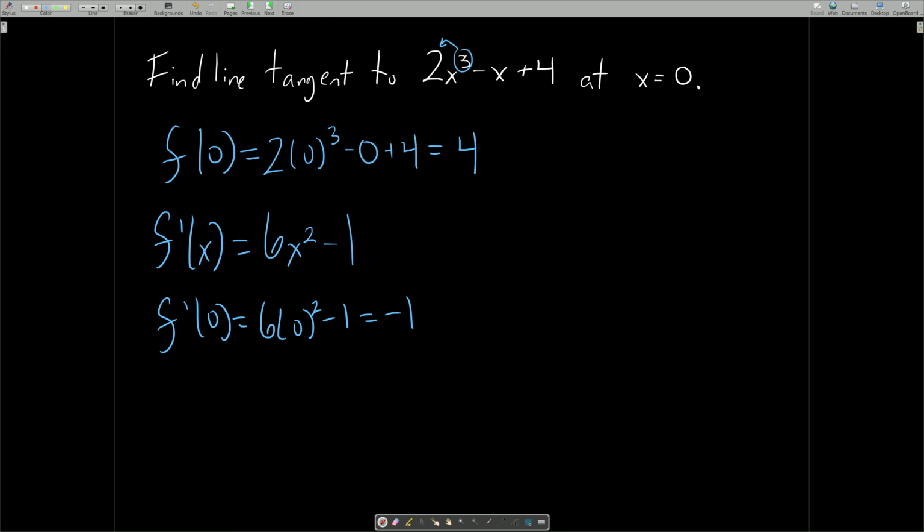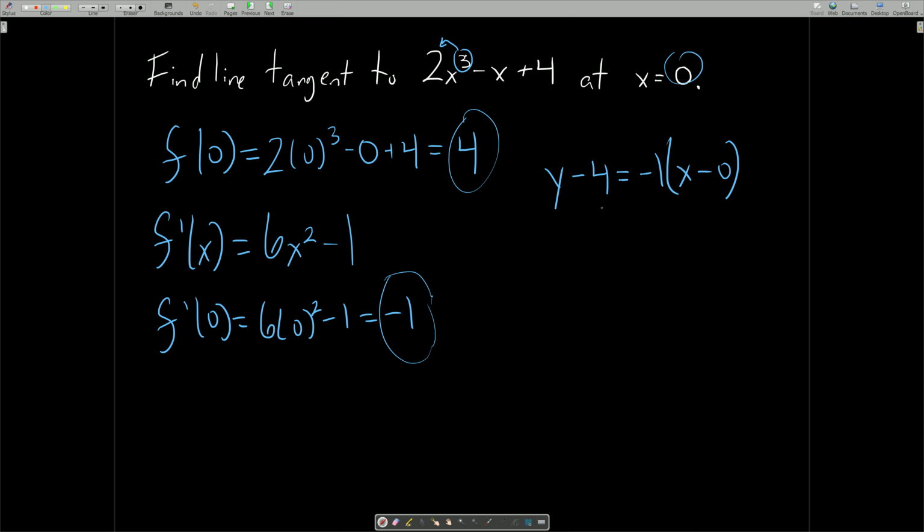Now we have everything we need for the tangent line. We start with y minus 4, our f of a, equals, we're going to put the slope, negative 1, times x minus 0.